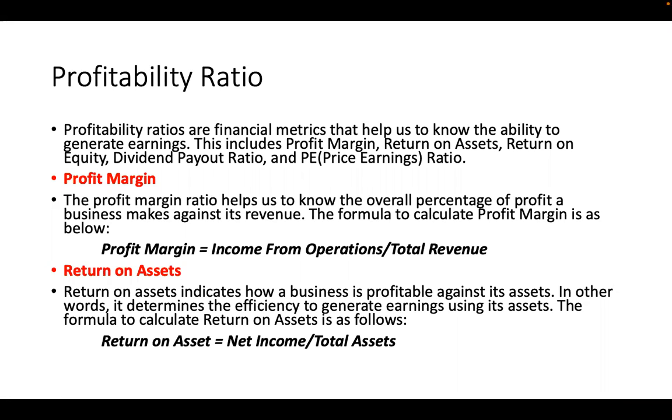So first ratio is the profit margin ratio. The profit margin ratio helps us to know the overall percentage of profit a business makes against its revenue. Revenue is the total amount a company is generating, and if we try to find out the profit out of the total revenue generated, profit margin plays an important role.